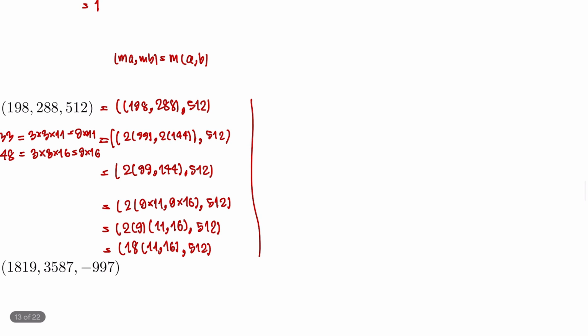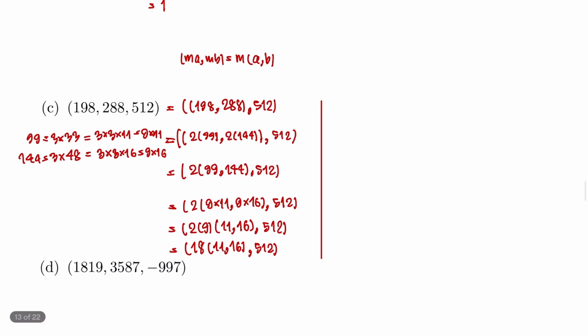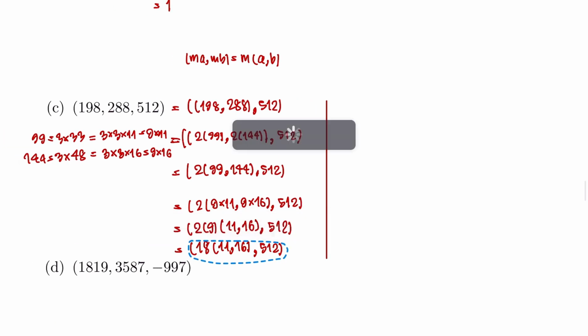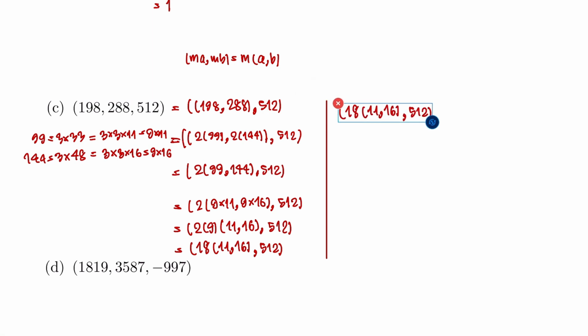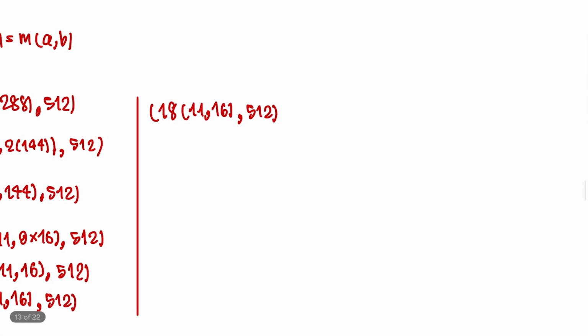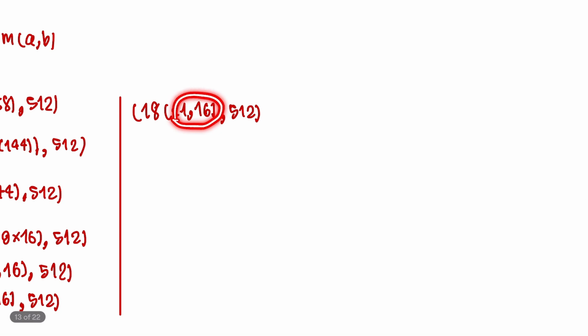Let me start with this: the greatest common divisor of 11 and 16 is just 1.